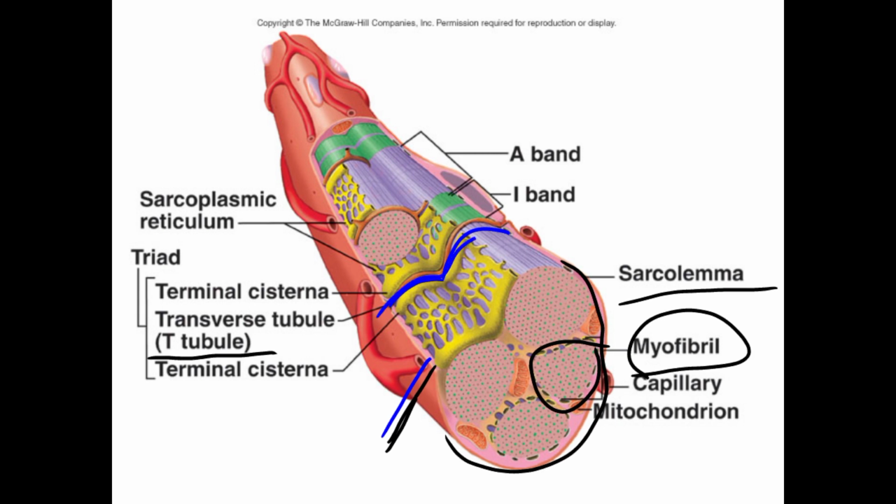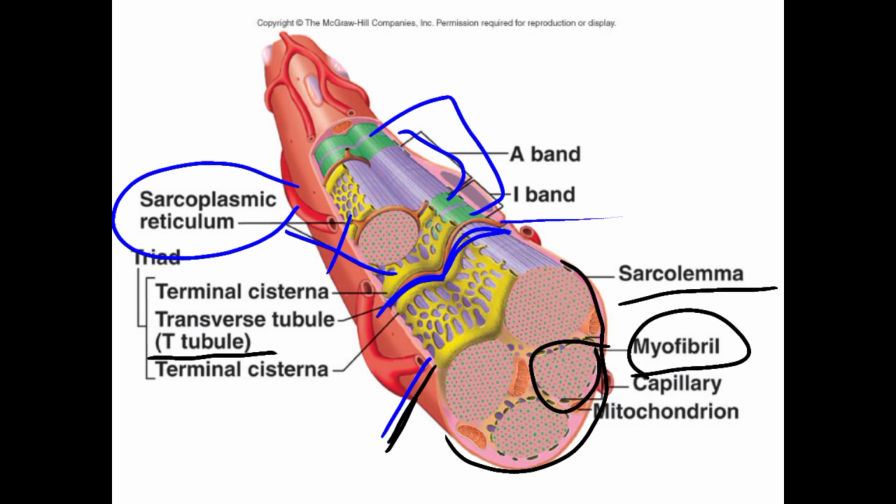Then the sarcoplasmic reticulum or L tubule, which stores the calcium ions. This you know: this is the A band, which is myosin, and this is the I band, made up of actin filaments.